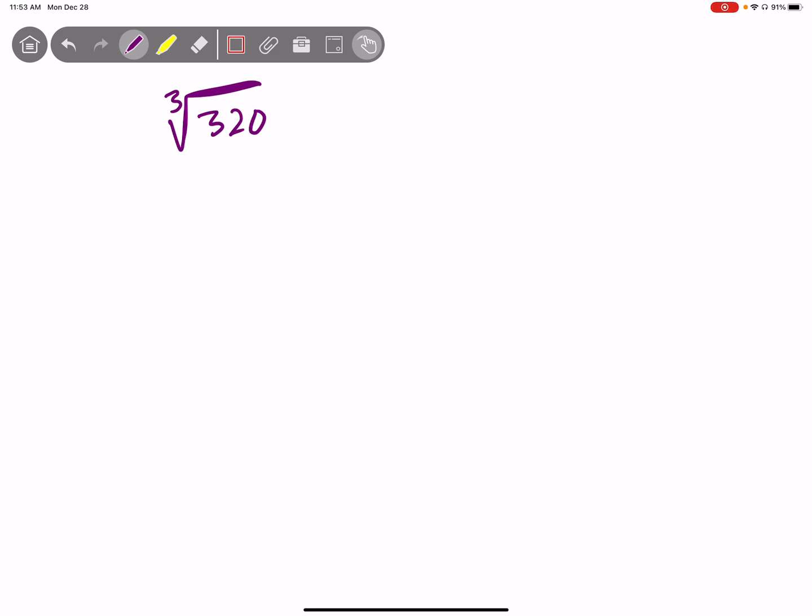And we break this down, okay? So let's say we went with, let's go bigger numbers, cube root of 10 and the cube root of 32, because 32 times 10 gives me 320.